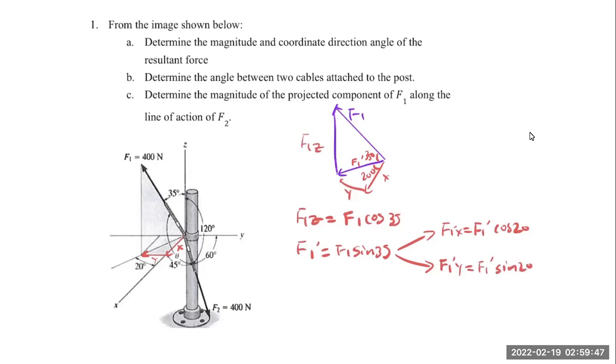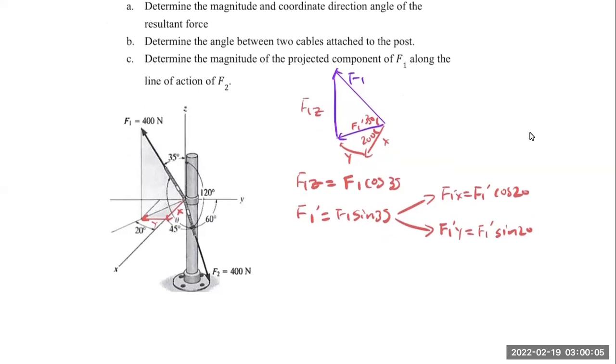This is how you would do a projection angle plane. If you are unfamiliar with this topic, please go back and review my SI session number 2, where I explain this in more detail.